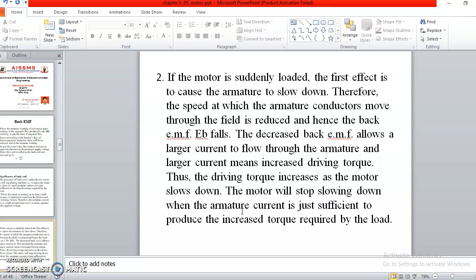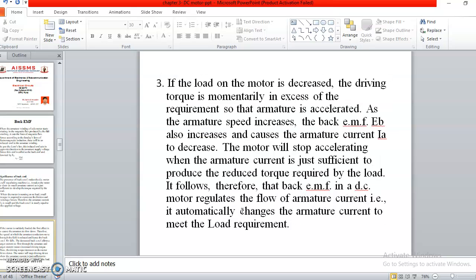The decreased back EMF allows a larger current to flow through the armature, and a larger current means increased driving torque. Thus the driving torque increases as the motor slows down. The motor will stop slowing down when the armature current is just sufficient to produce the increased torque required by the load.